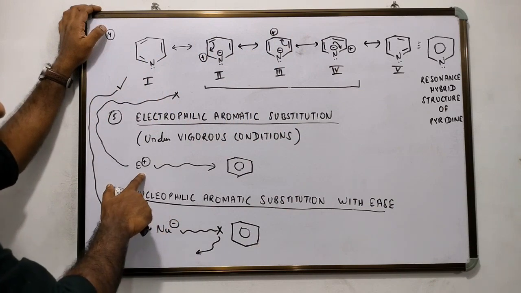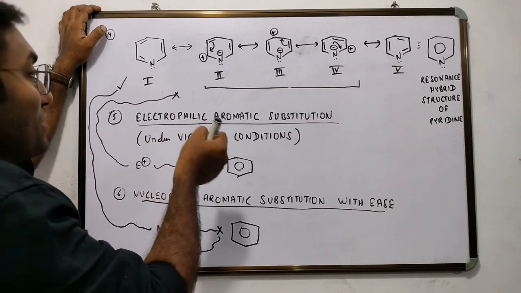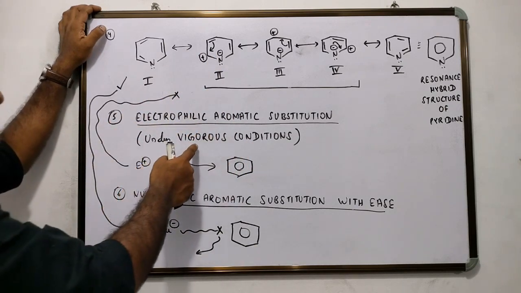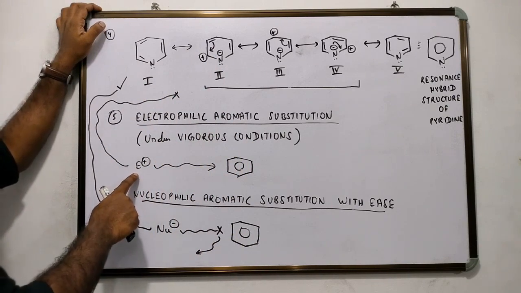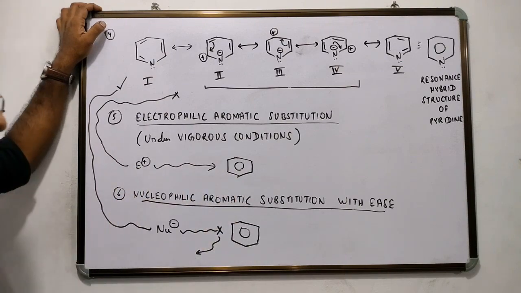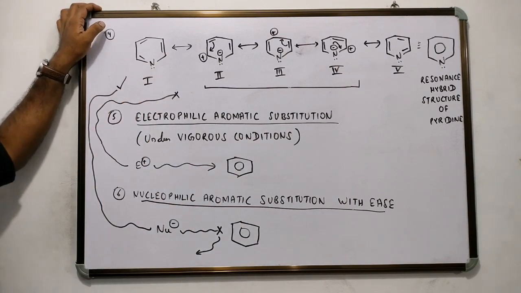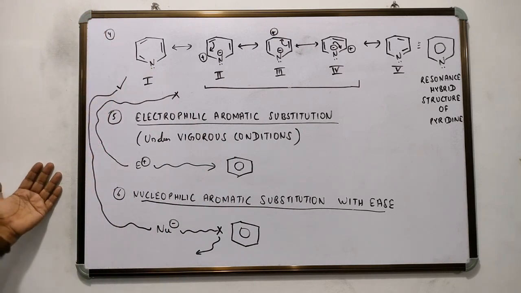Therefore, an electrophile would not attack the pyridine ring at normal conditions. However, at vigorous conditions, it would do so. In contrast, if the electrophile is given an opportunity to attack the benzene ring, it would do it instantly because benzene is a rich source of electrons.